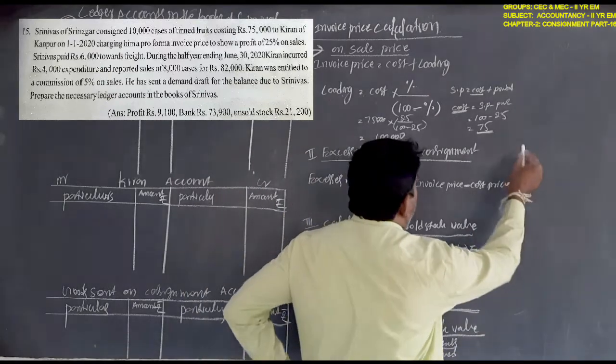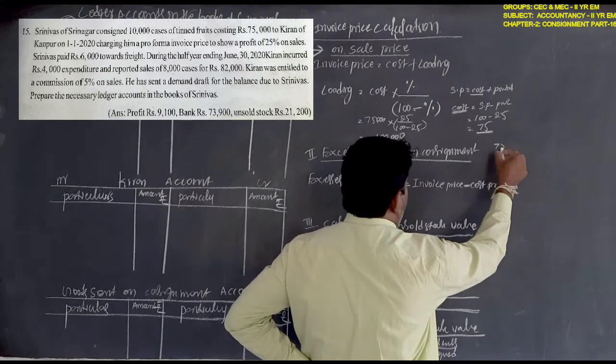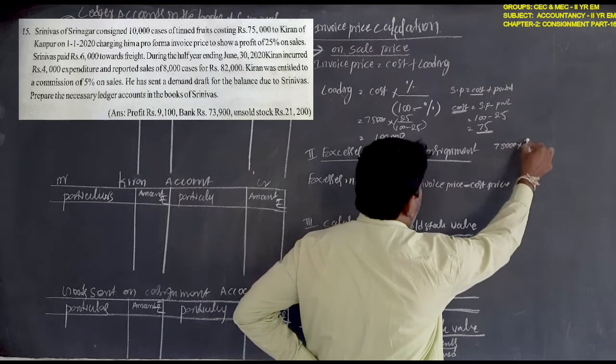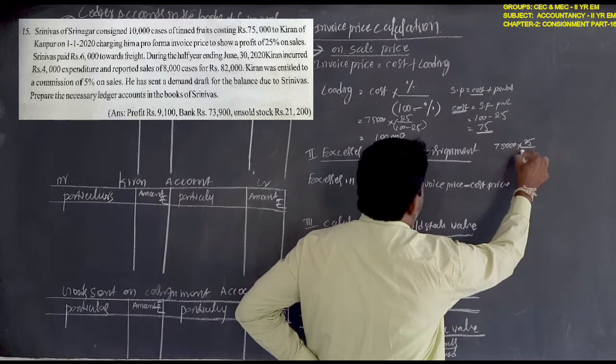Here also we calculate this way, 75,000 into 25 by 75.